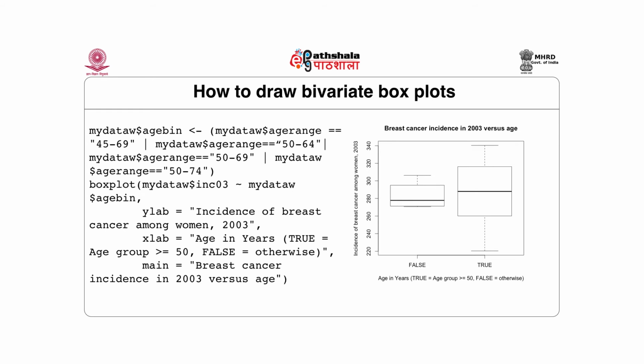And that binary variable is drawn on the basis of the age group at which, in these countries, the government started screening women using screening mammography: 45 to 69, 50 to 64, 50 to 69, or 50 to 74. If screening was done at the age of 45 years or above, it would be assigned a value of 1, which in R would be true.